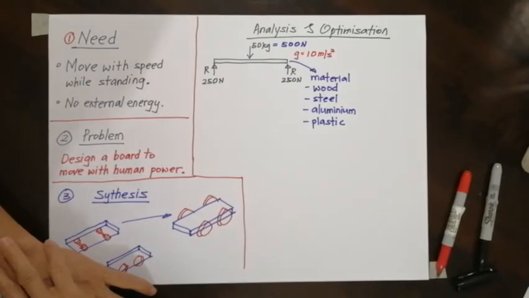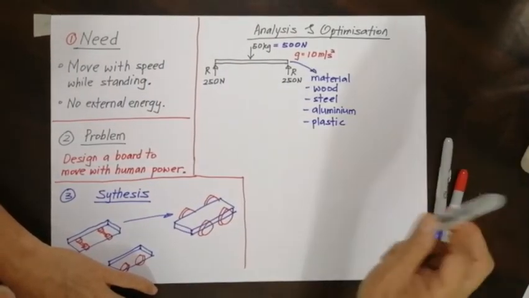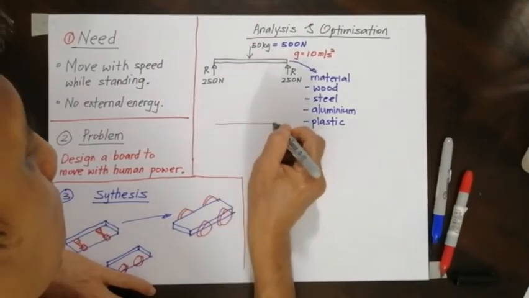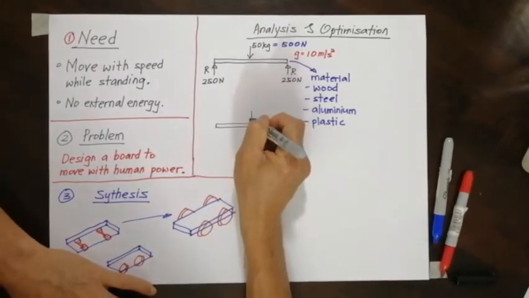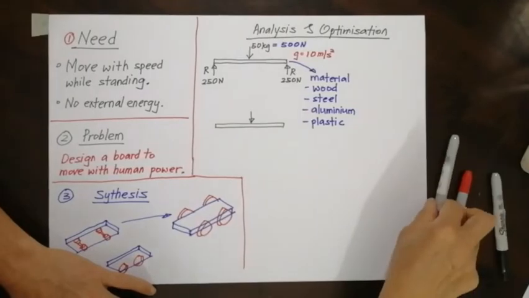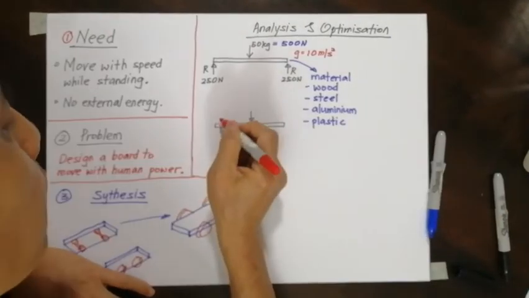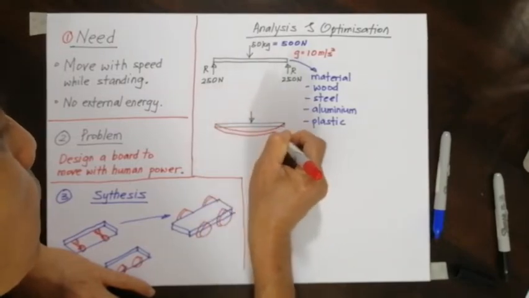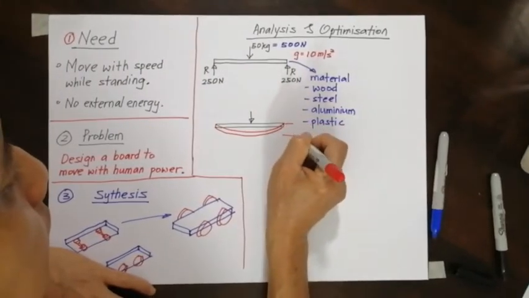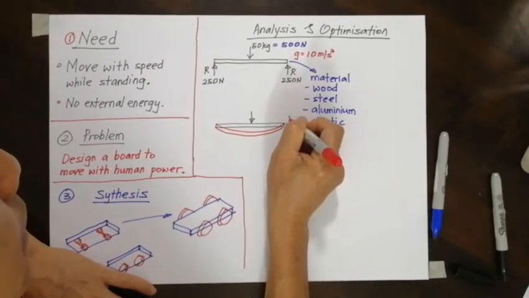Now, if someone steps on it, we realize that this board will deflect. Someone stands on it and it deflects. This is called the deflection.